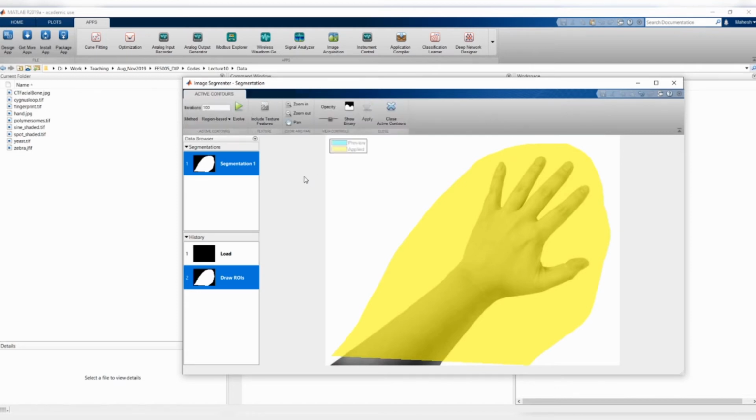You just click on that. Then there are certain parameters, which we have not discussed in the algorithm in detail, so let's not discuss them. The number of iterations is something like the number of curve evolutions. The curve I've drawn here is a sort of border, and it will try to shrink and exactly fit onto the hand. That's what is going to happen. And then there are many methods. This can be region based, it can be edge based. So different aspects.